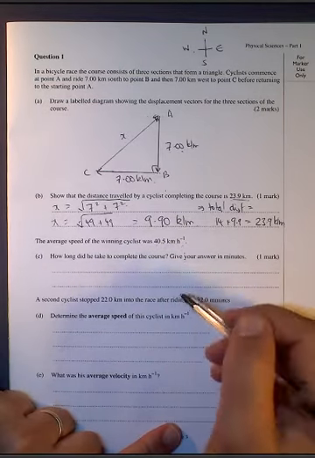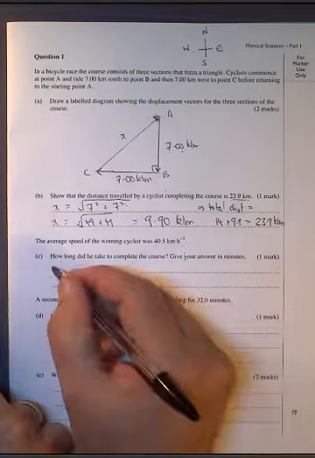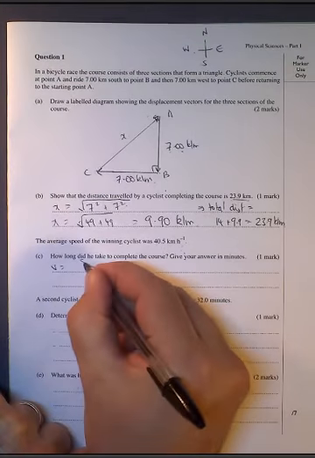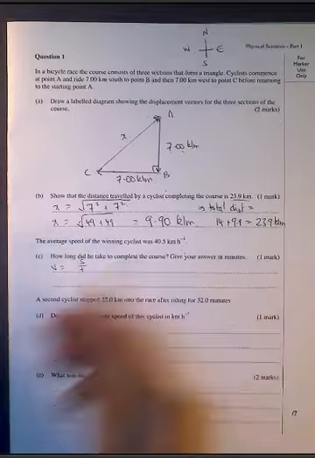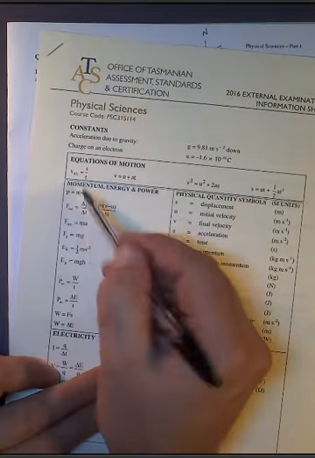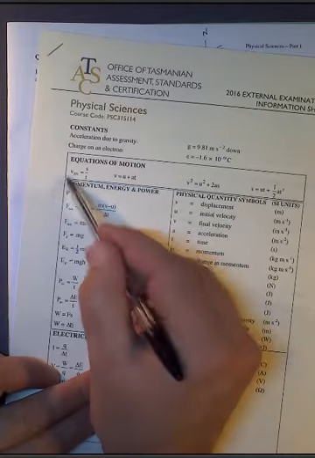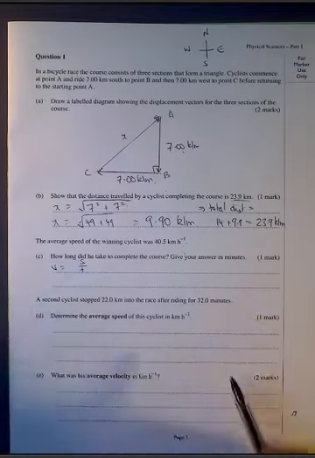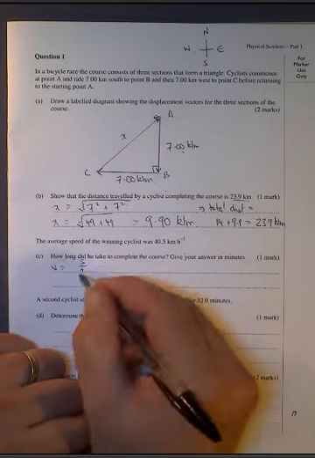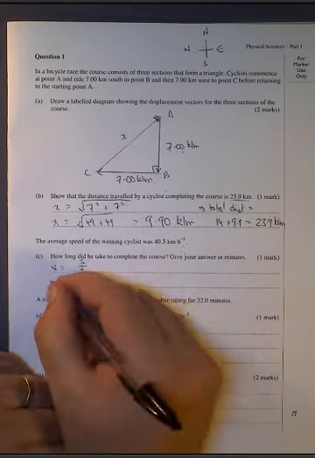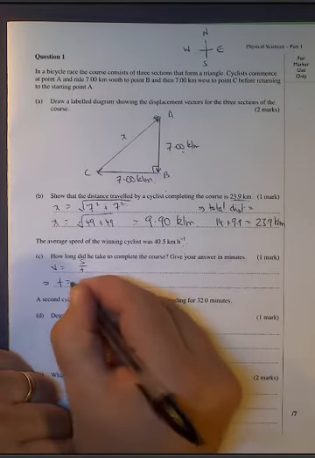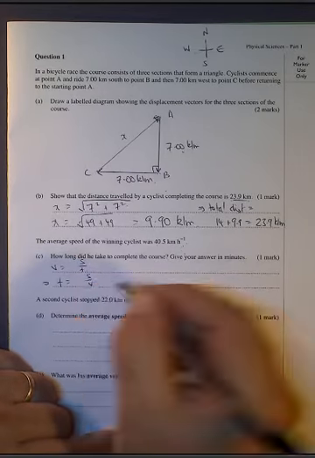So we know that the velocity is equal to the displacement over time, because we've got that information here on our sheet for objects travelling at a constant velocity. We want to find the time, therefore rearranging that, we get time is equal to S divided by V.